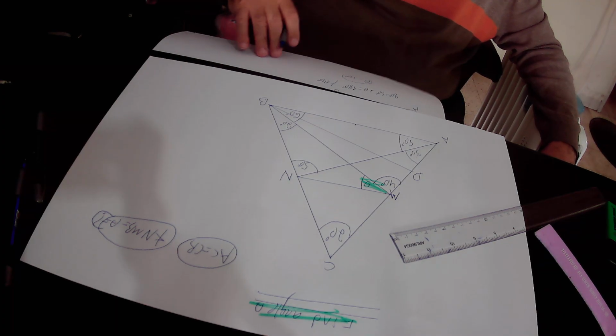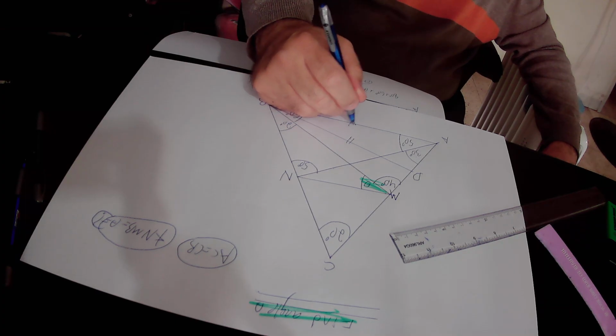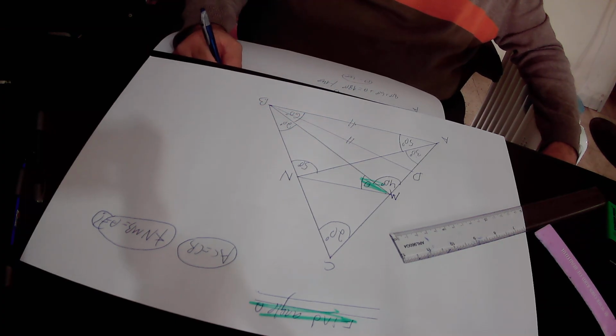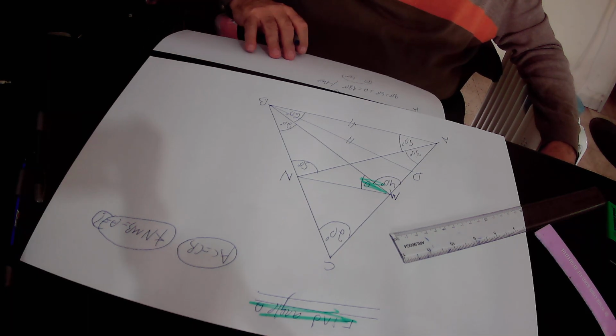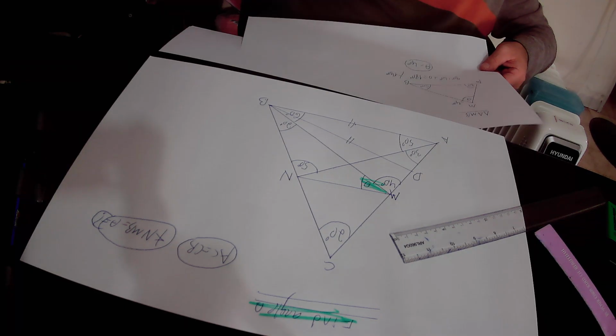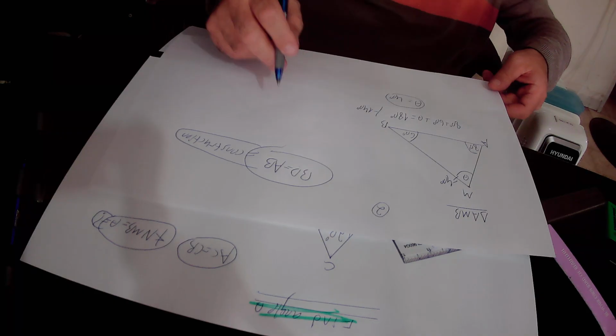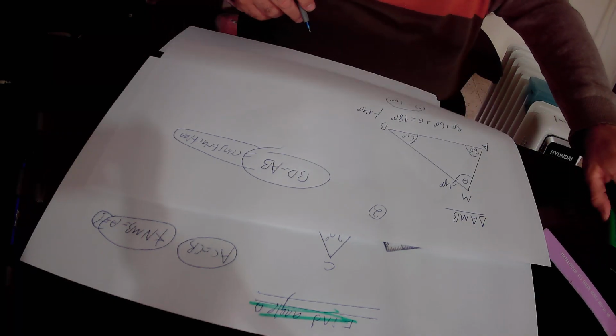I write it down: BD equals AB according to our construction.